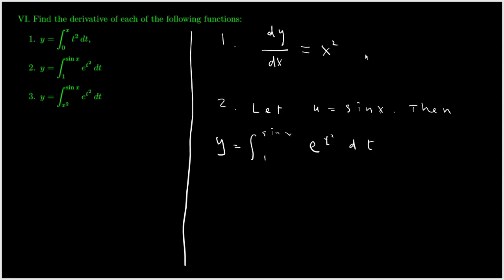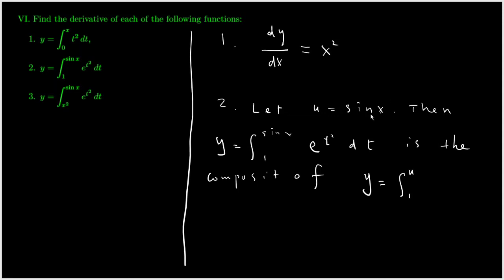The given function y is the composite of two functions. I will write more wordings to make the thing clear. One function is y as a function of u equals the integral from 1 to u.